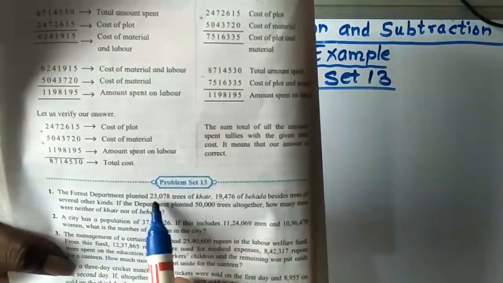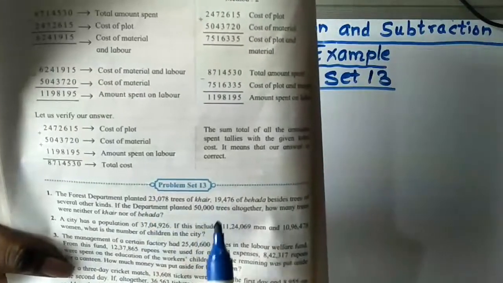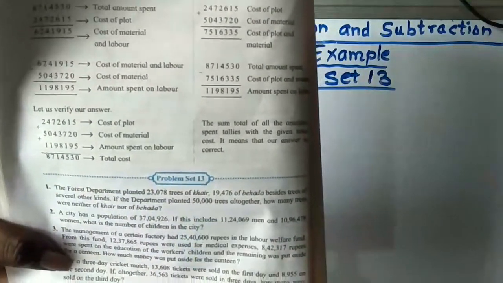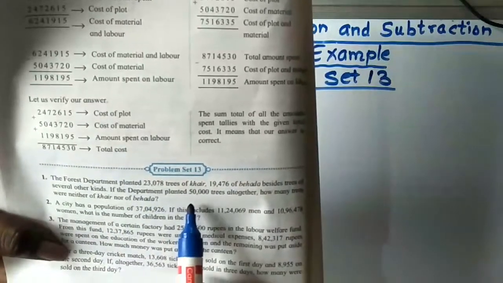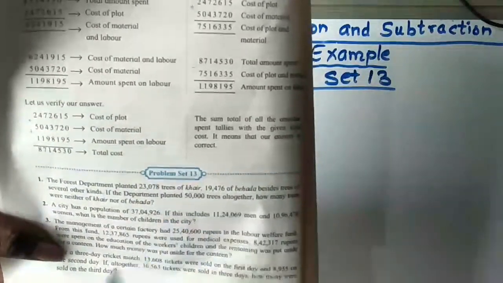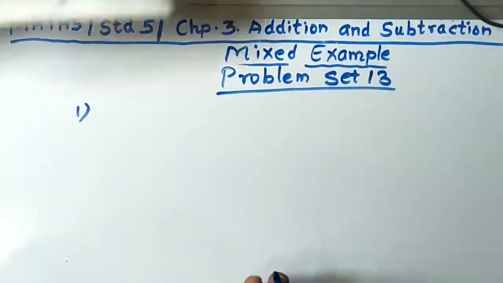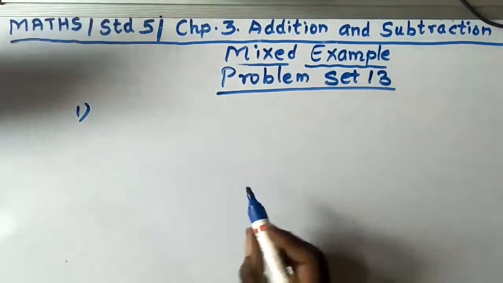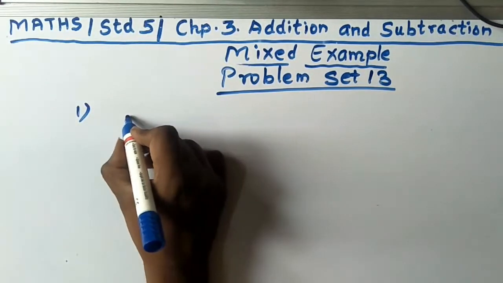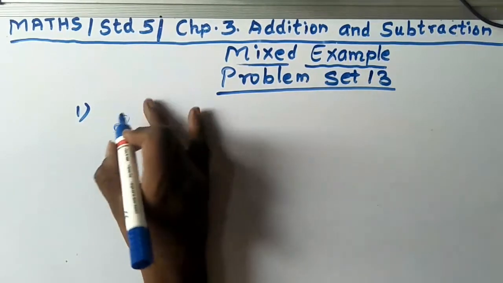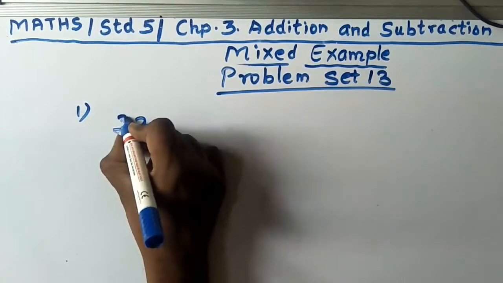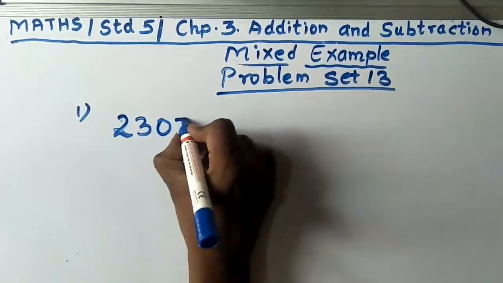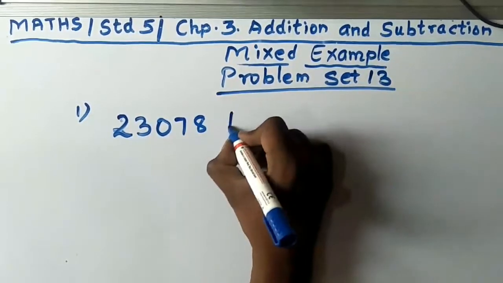Whatever answer we get, we have to subtract from this 50,000. So first let us add these two numbers, then we subtract from 50,000. So I'll write 23,078. This is of khair tree.